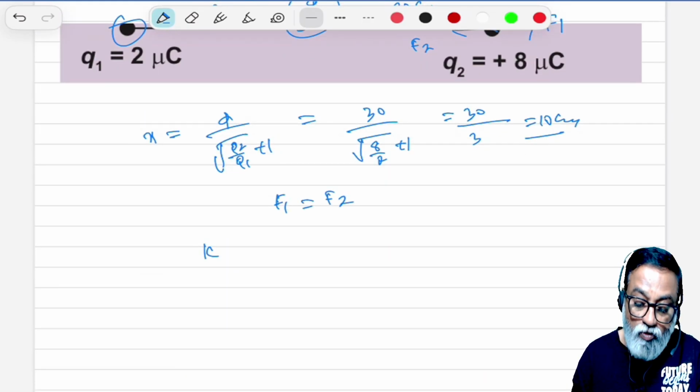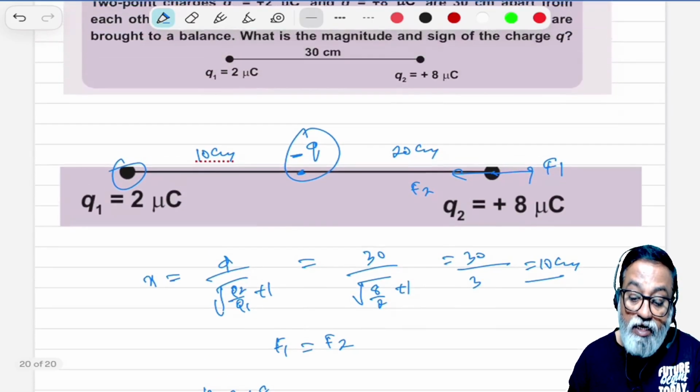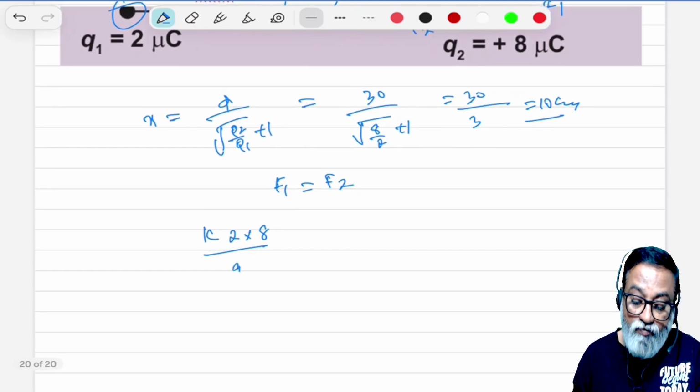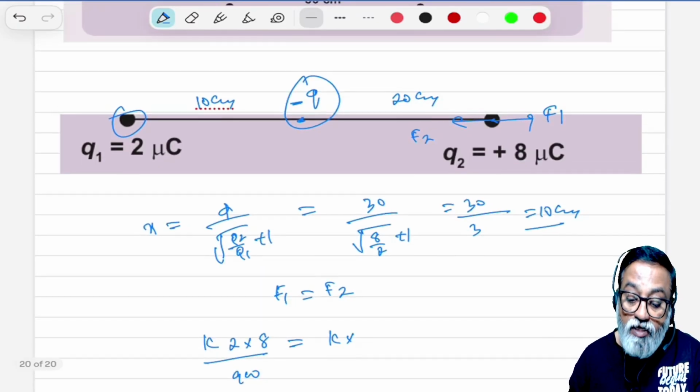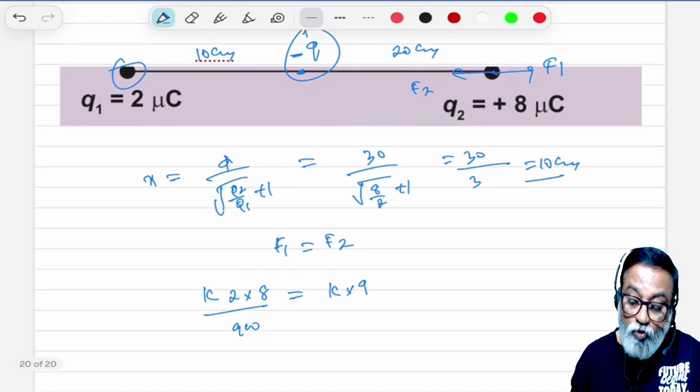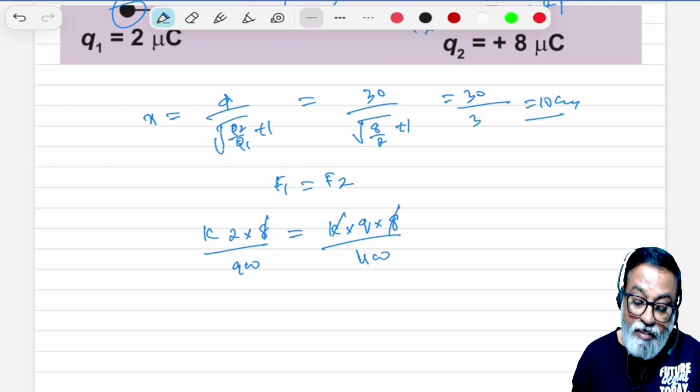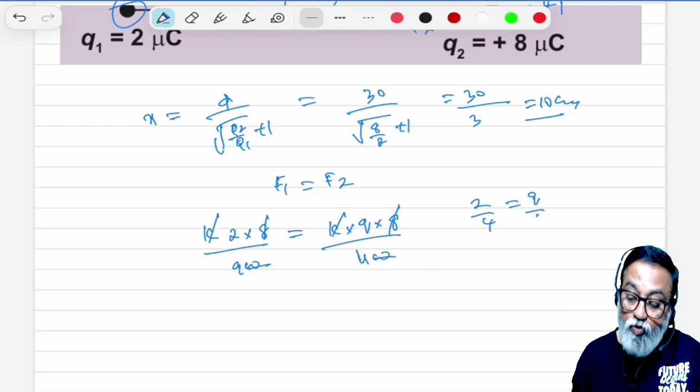F1 is K into 2 into 8 by the total distance 30 square, 900, and F2 is K into Q into 8 by this distance 20 square, 400. Therefore the 8 gets cancelled, K gets cancelled, and 2 zeros get cancelled.